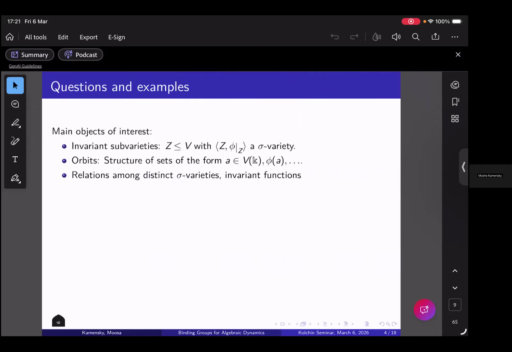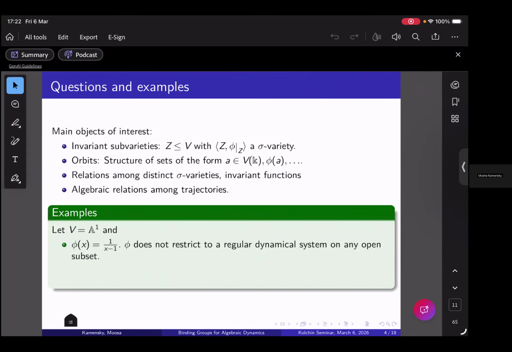So this mostly makes sense for just dynamical systems. Relations among different sigma varieties, and in particular invariant functions, are going to play an important role. And not really in this lecture, but related is algebraic relations among trajectories, among solutions to the difference equations.